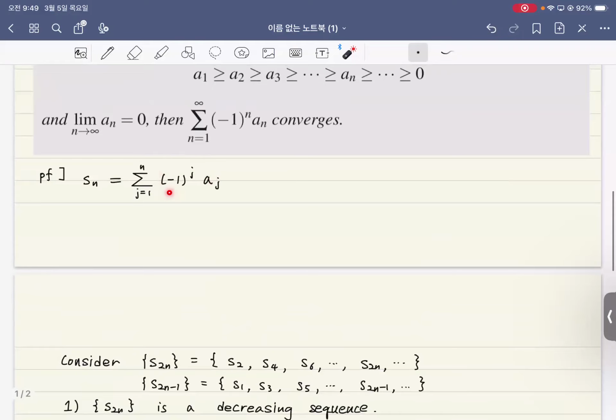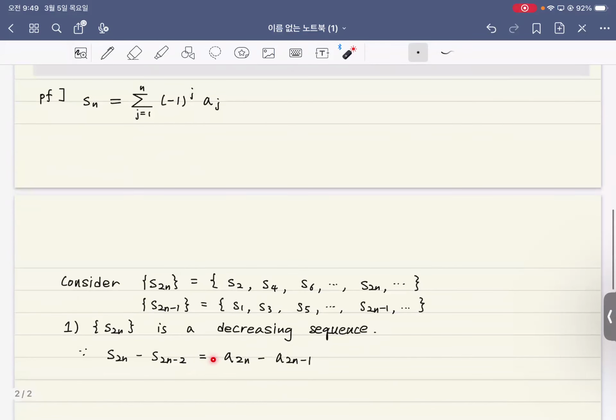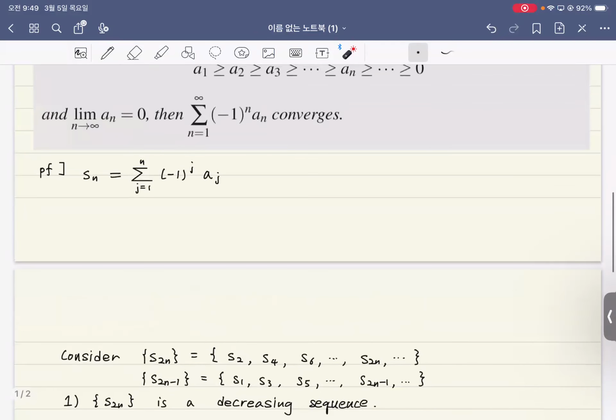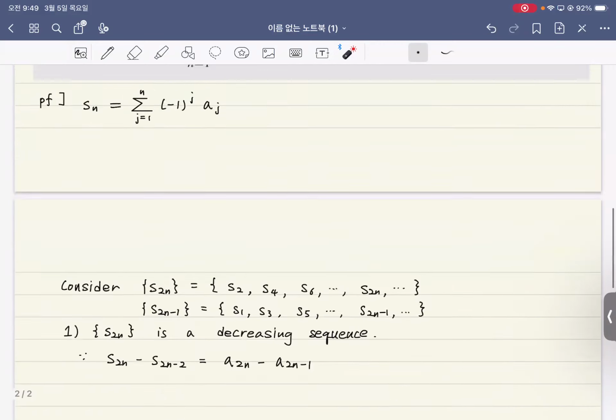Because this is alternating, and since this is an even term, this is positive, and this is negative. Now we know that the original sequence a_n was a decreasing sequence.